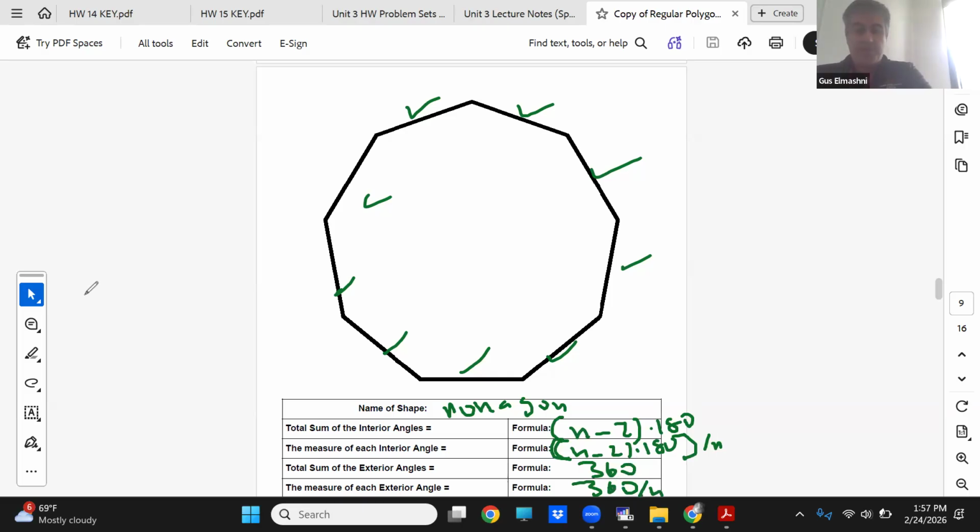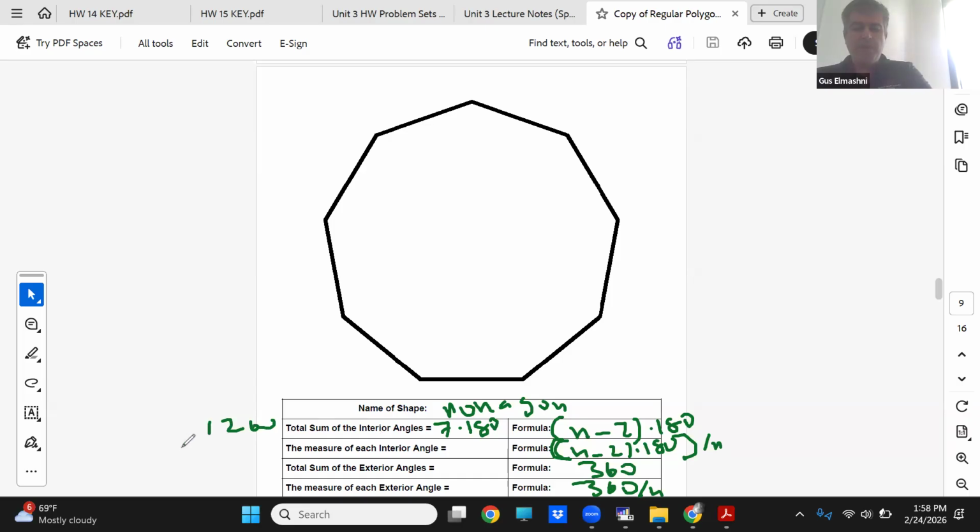And then this is the new stuff that you're going to do. I could go through the calculations, but you know what to do. That's going to be 7 times 180, which is 1260.